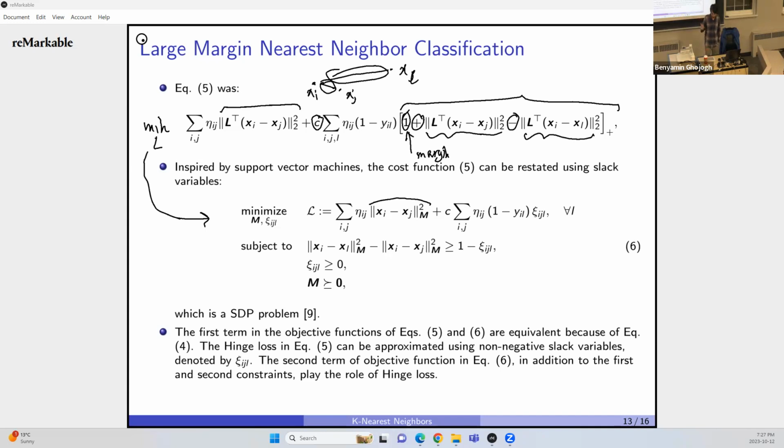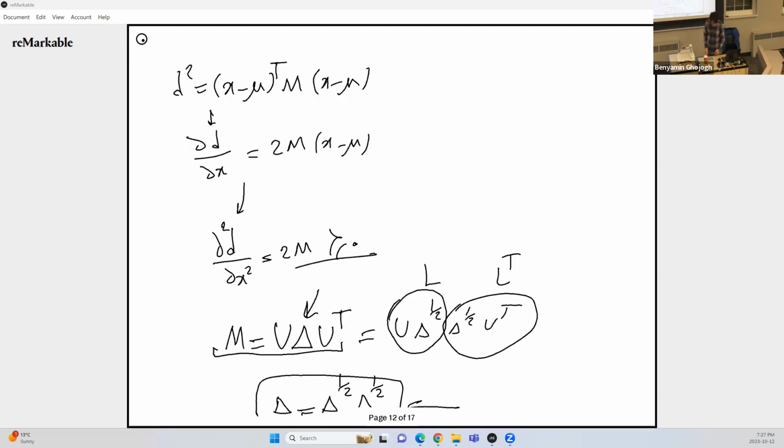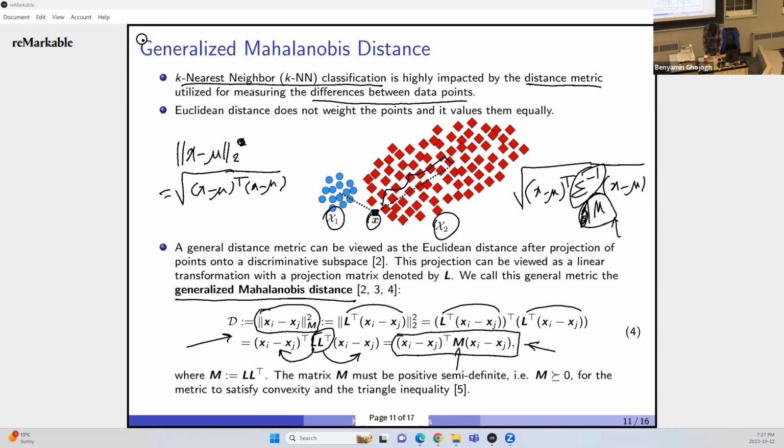These 2 are equal. What about this? This part is here. And this part is here. Agreed? You understand why, right? According to this, I can write the generalized Mahalanobis distance in 2 ways, either in this way or in this way, right? Don't confuse it, because M is LL transpose.